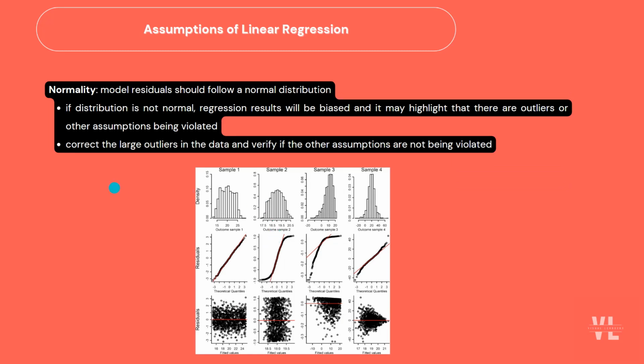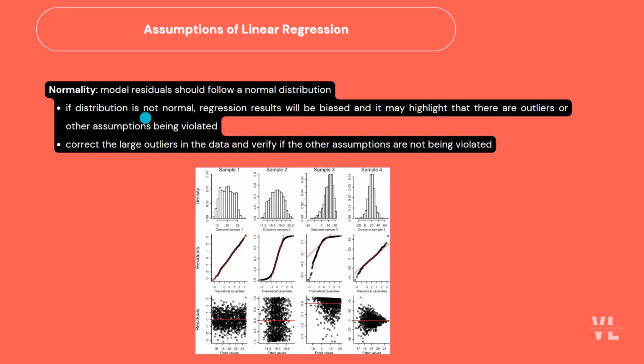The second assumption that we need to consider about the linear regression model is normality. And normality is just normalizing the data distribution before we fit it into our model. The model residuals should follow a normal distribution. Residual is just a concept that describes the difference between the predicted and actual data values.